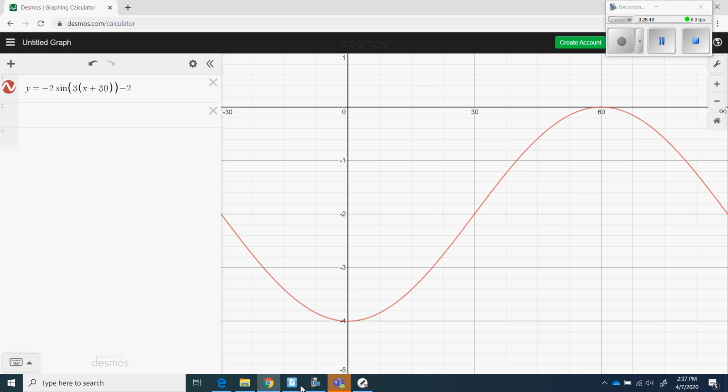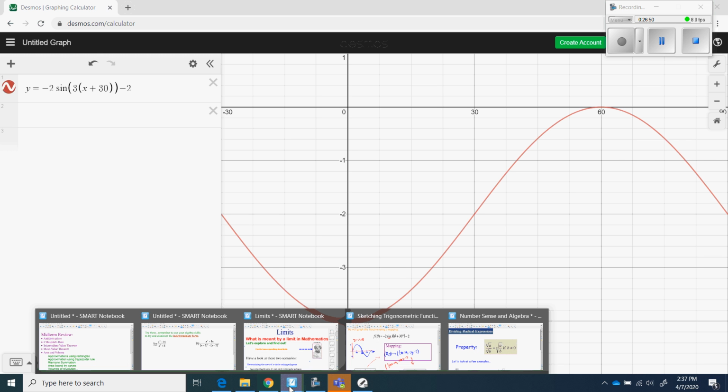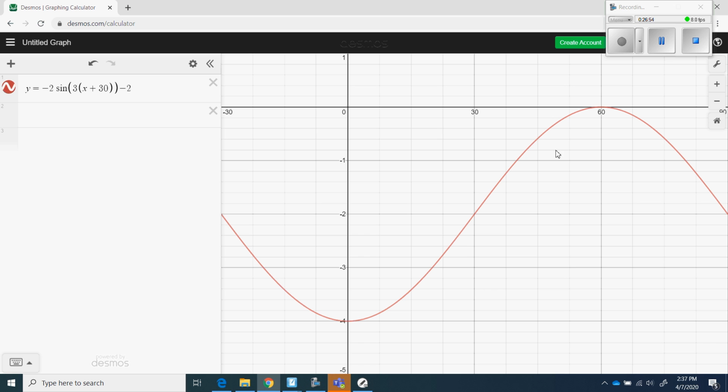I could, and then take it over to here, paste it on our notebook and look at it, but it's exactly the same. That's what we ended up with right there. All right, so that's where you're going to be able to check your answers. Just on your phone, type them into Desmos, and you can use that to verify your answers. And again, the key is to set up your window here to look exactly like the graph you made on your page.